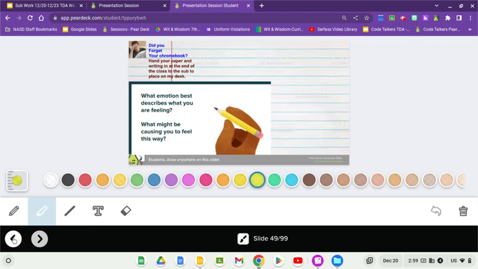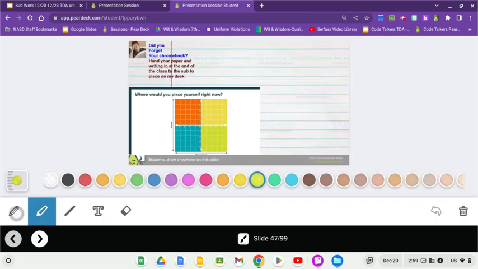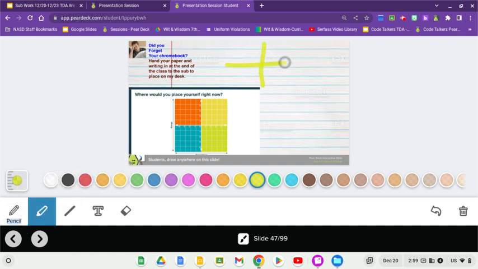So your job, students, is to locate where on this graph you are mood-wise today. And for those of you who don't have a working computer today, for whatever reason, you simply just make a little graph yourself and then put where you would go on the graph as well, right? So take the moment to do this now, please.